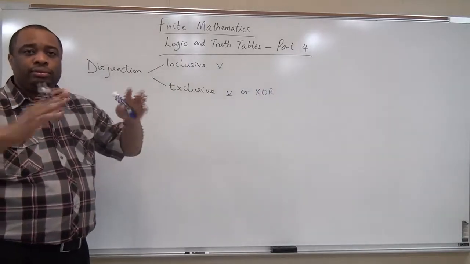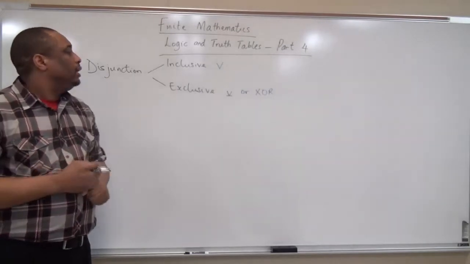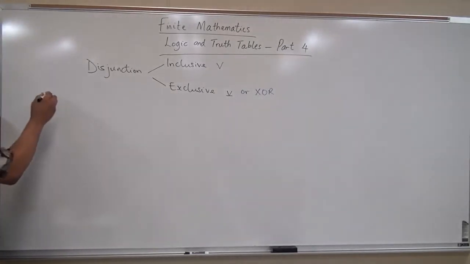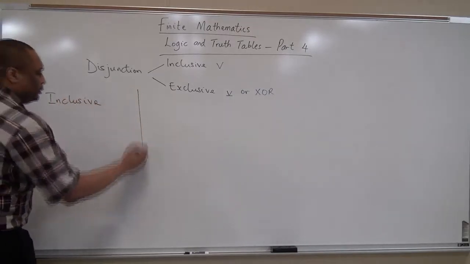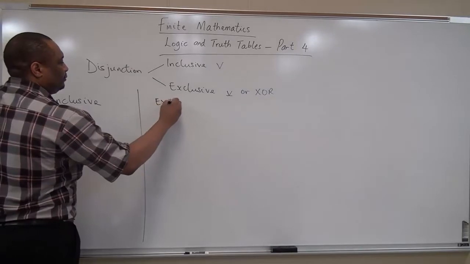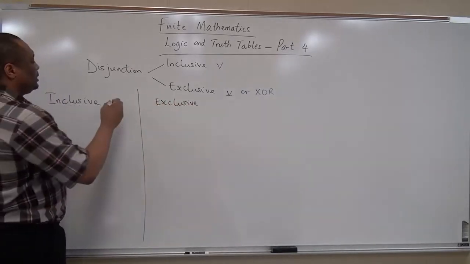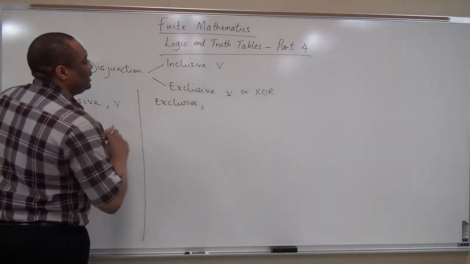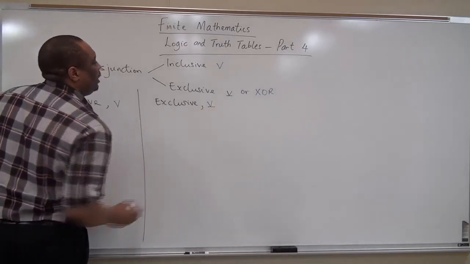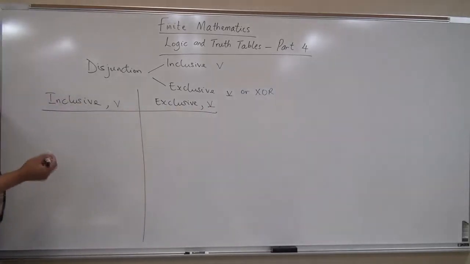Let's look at inclusive and compare it with exclusive. Inclusive disjunction is a lowercase v, and exclusive disjunction is a V with a line, like an underline. So let's look at the truth tables of this.